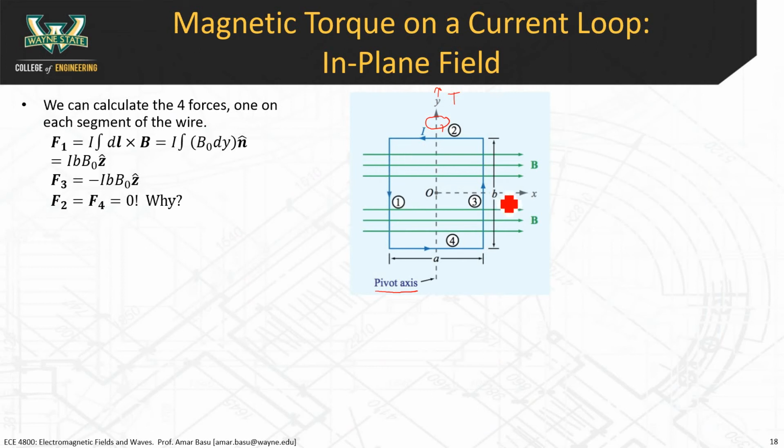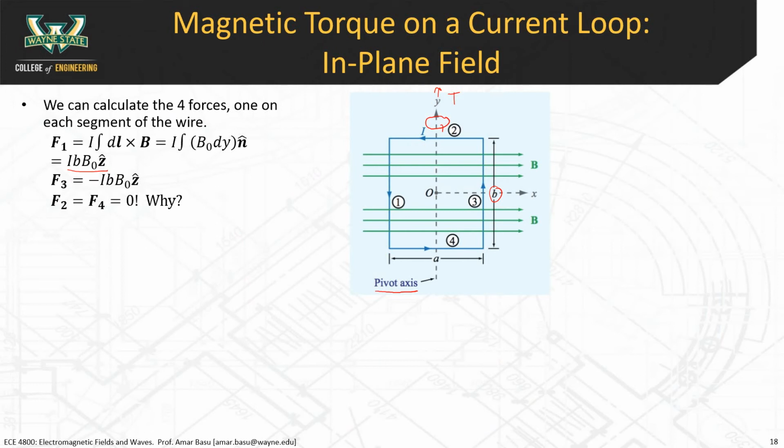Okay, you can see that the vertical length here is b. So without even doing this integration, well, I just did it there on the other slide, what we find is that this first force is equal to I times the length of the wire, which is small b, multiplied by the magnitude of the magnetic field, which is b0, and the direction is z hat.